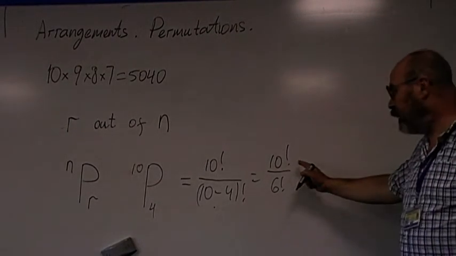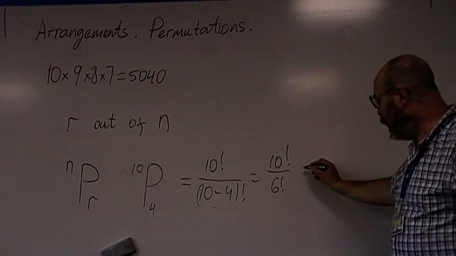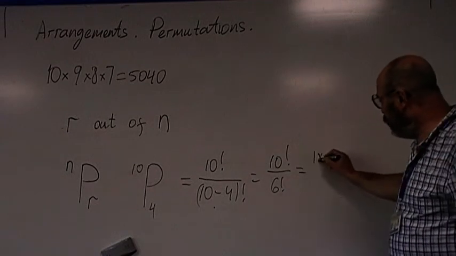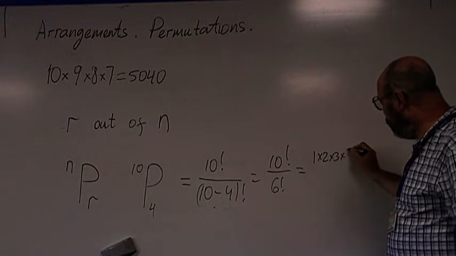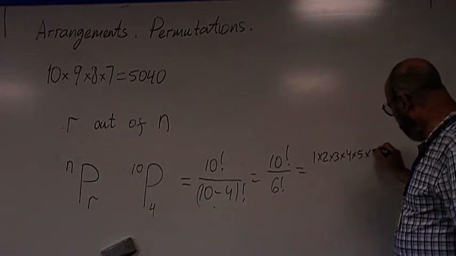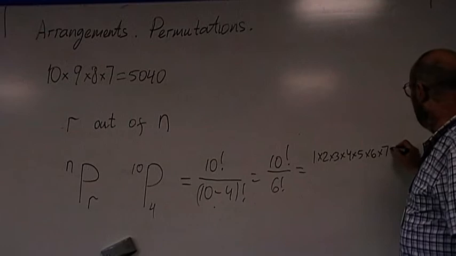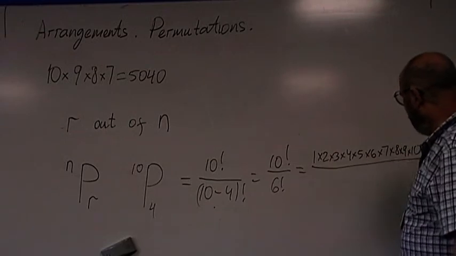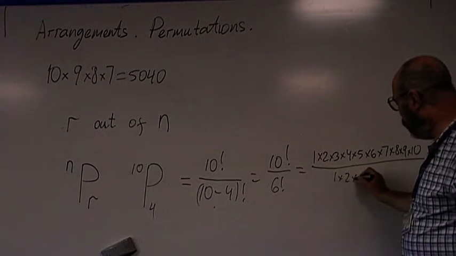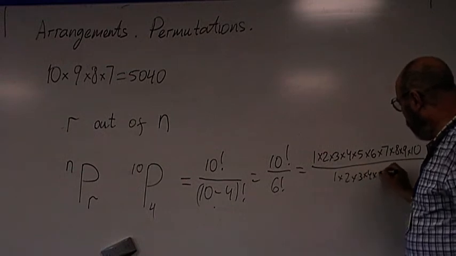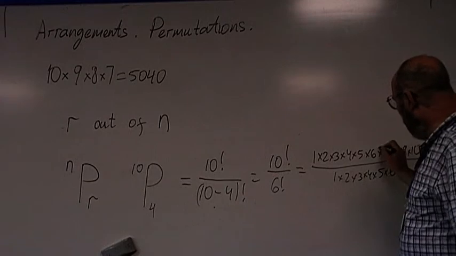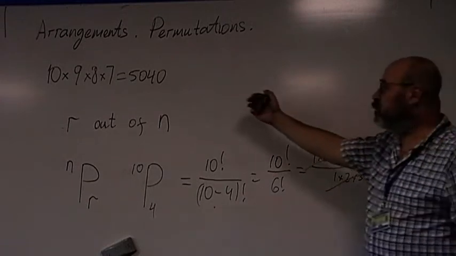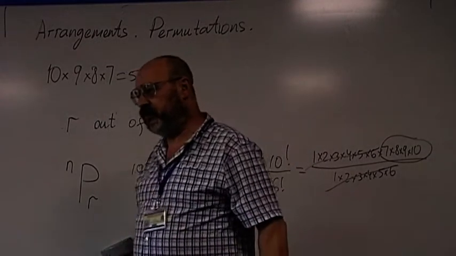We don't need to calculate 10 factorial and 6 factorial. If we write 1 times 2 times 3 times 4 times 5 times 6 times 7 times 8 times 9 times 10, and below 1 times 2 times 3 times 4 times 5 times 6, those cancel out, and what we have left is what we derived before.